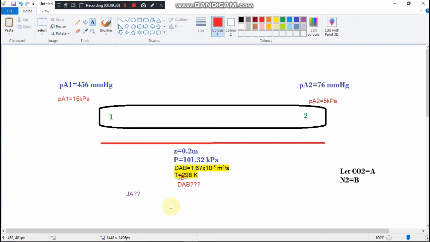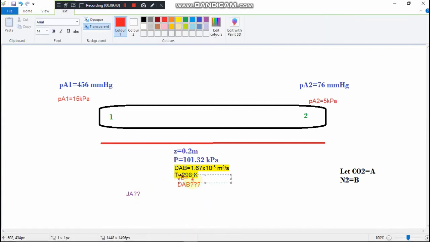According to the rules of equimolar counter diffusion, JA is equal to minus JB. So you can substitute the value, and then you will get the answer.